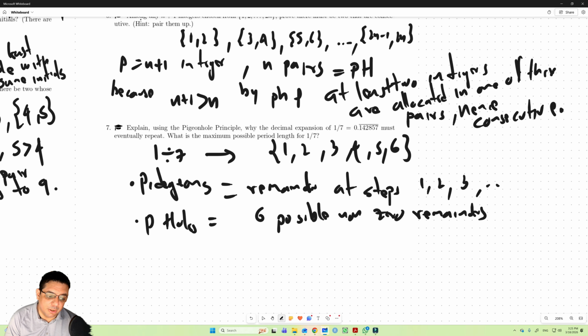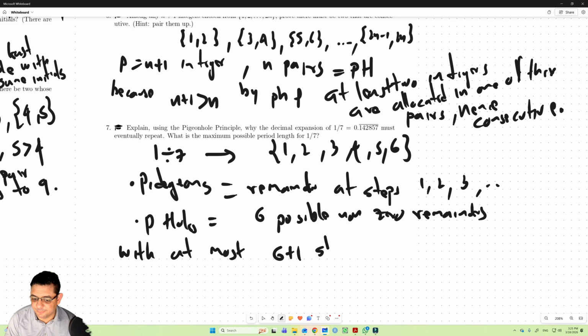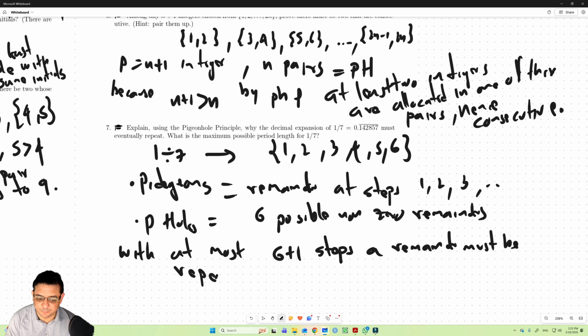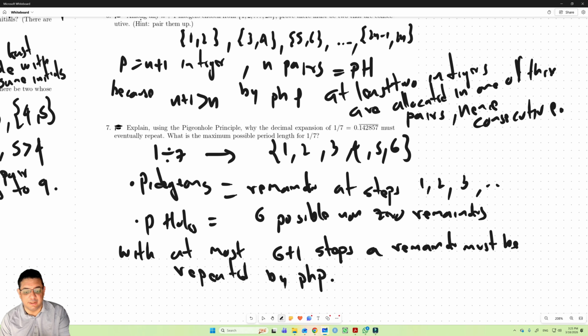So with 6 plus 1 steps, which is bigger than the 6 possible remainders, a remainder must be repeated by the pigeonhole principle.